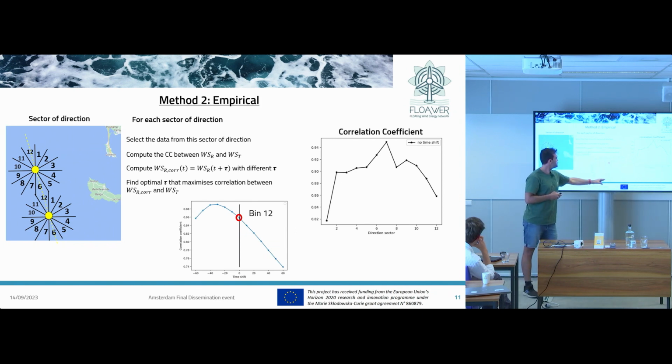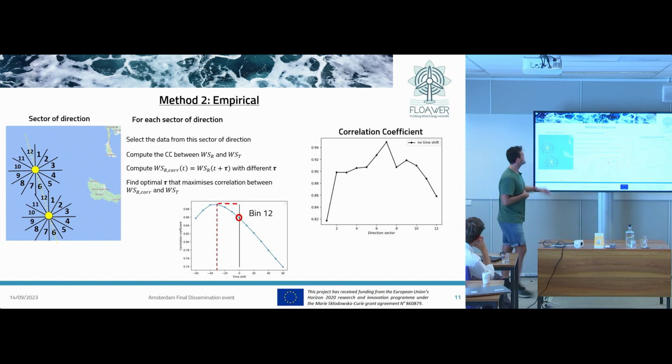And we apply different corrections in the time lag, and we have a maximum at minus 30 minutes here. It means that on average, in this sector of direction, the wind takes 30 minutes to go from the reference to the target. Here it's minus 30 minutes because I take it from the target.